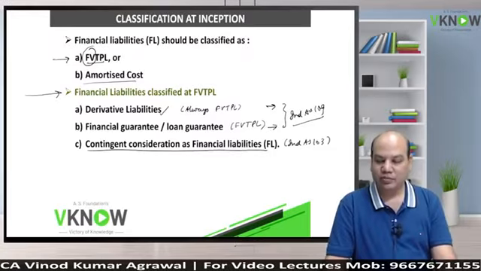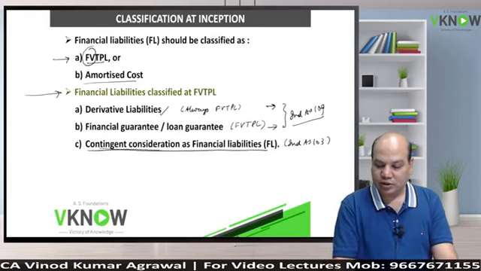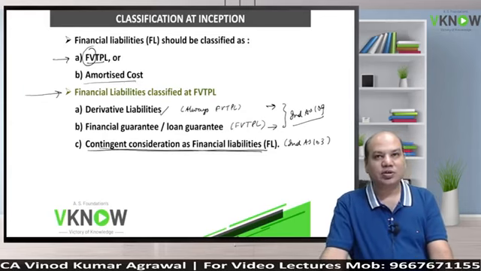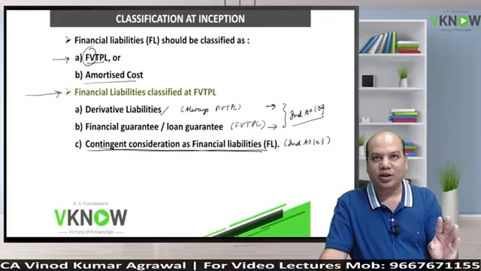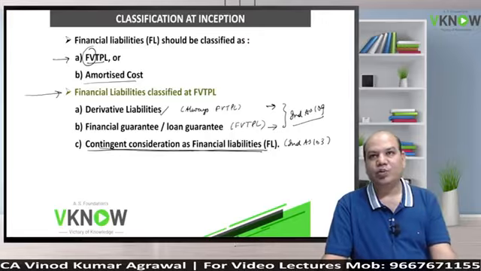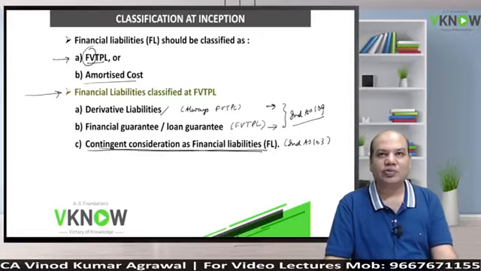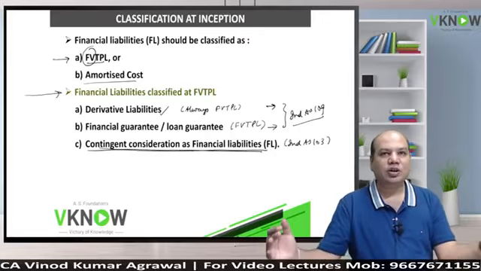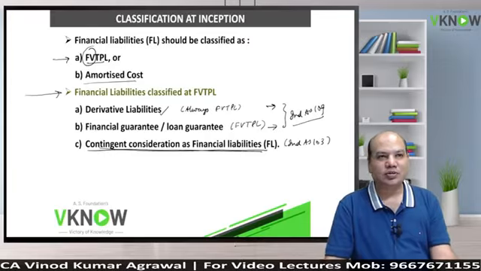Yes or no? So if it is a contingent consideration in a business combination payable either in cash or a variable number of own equity instruments, it will be fair valued on every reporting date and the change is transferred to P&L account. Now you'll see how the different standards are connected.